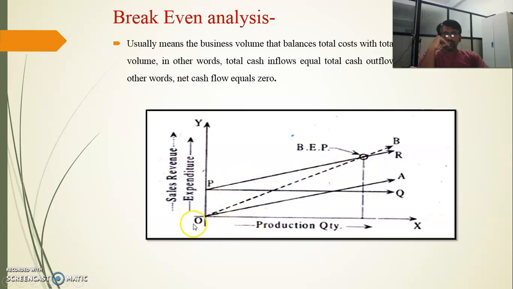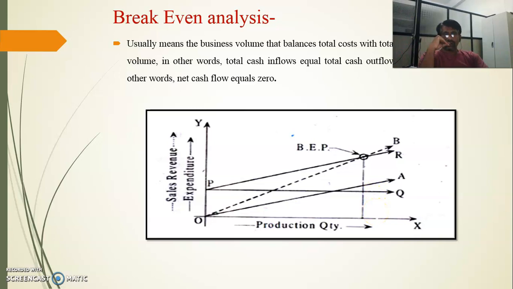Now, if we plot the graph of production quantity on the x-axis, and the expenditures for the production and the sales revenue generated, both in amounts, on the y-axis, OP is the first plot from the origin to the point P, from which the line PQ starts, a straight line parallel to the x-axis, which gives us the fixed cost of manufacturing.